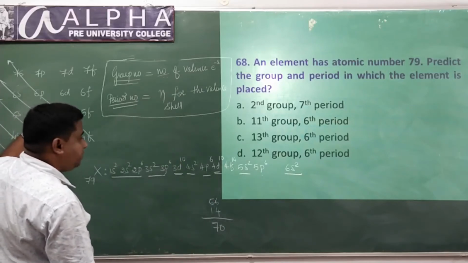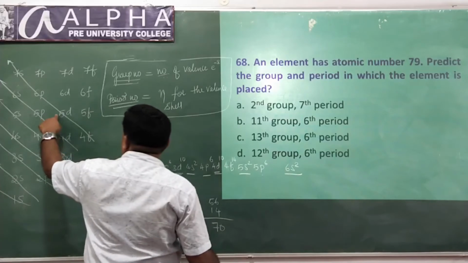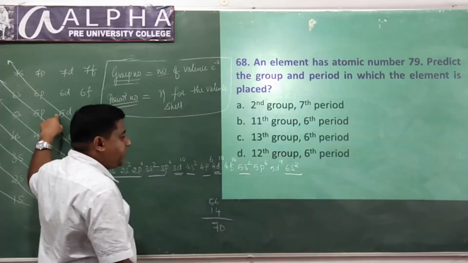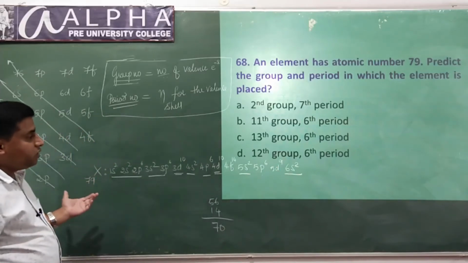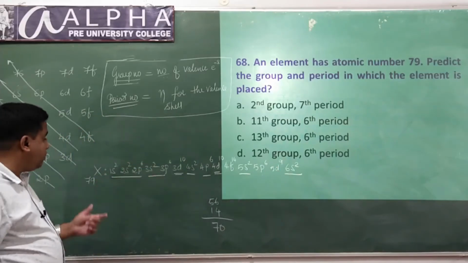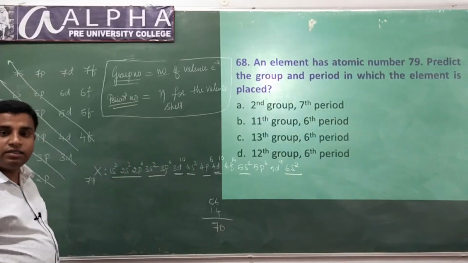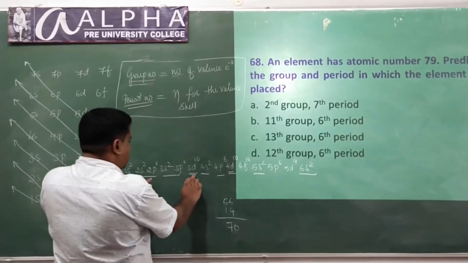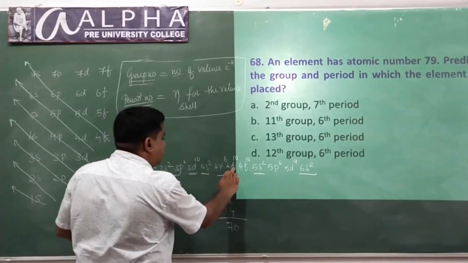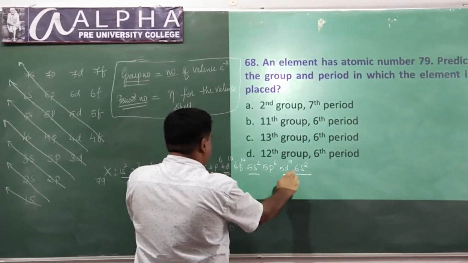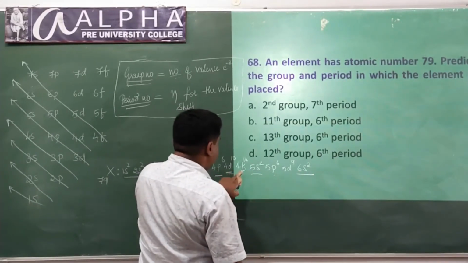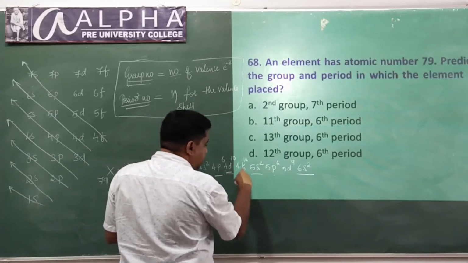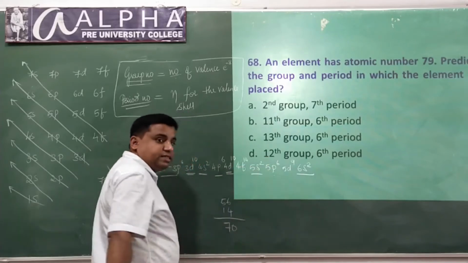After 4f14 we'll have 5d9, so the electronic configuration comes out to be 79, isn't it? Now just check the number of electrons: 10, 20, 30, 40, 50, 56 plus 14 is 70, 70 plus 9 is 79.